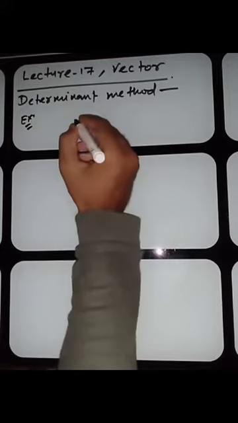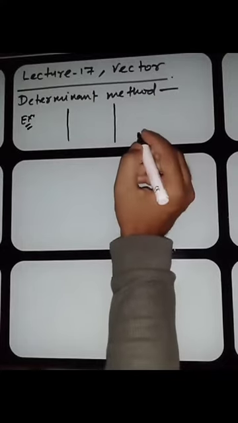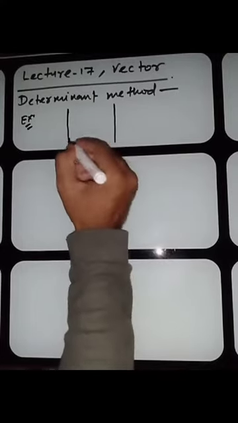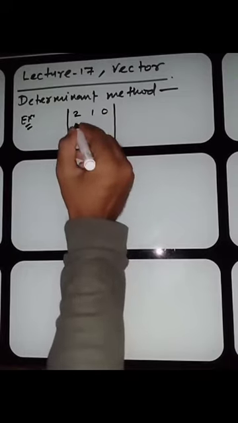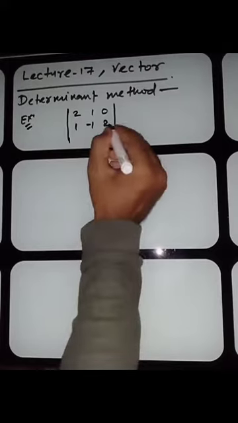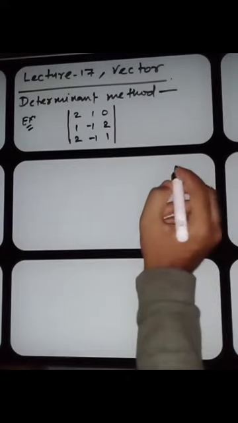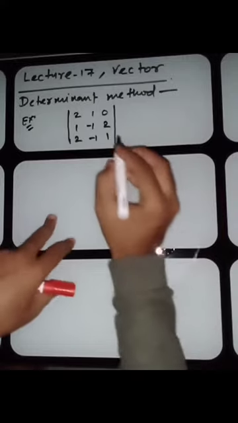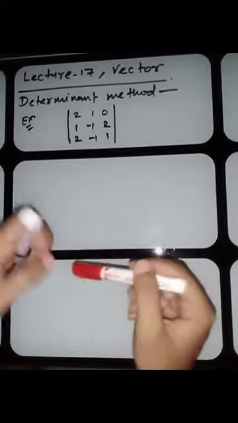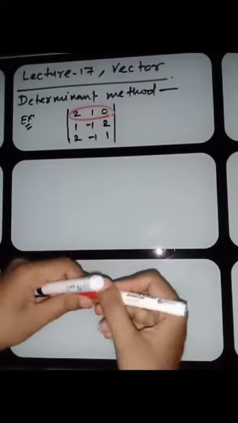For example, here I'm having a question: 2, 1, 0, 1, minus 1, 2, 2, minus 1, and 1. I'm going to solve this determinant for you. Okay, students, to solve this determinant I'm using the first row.